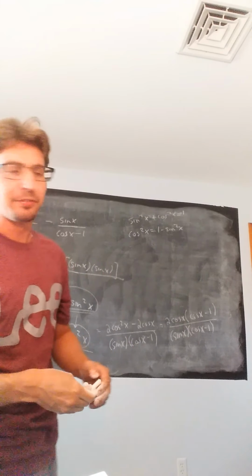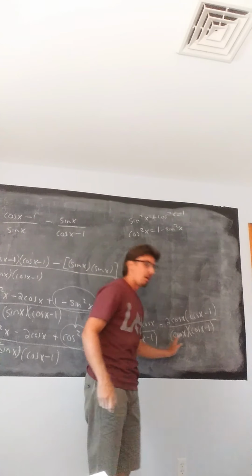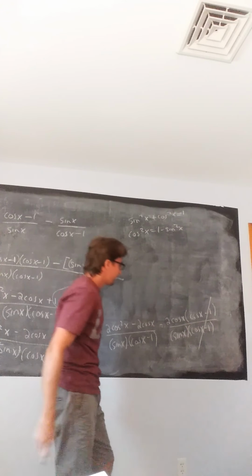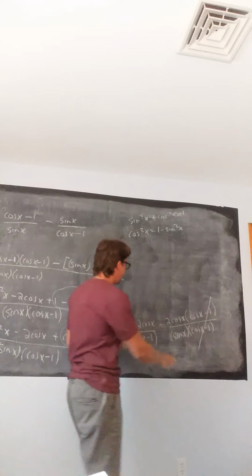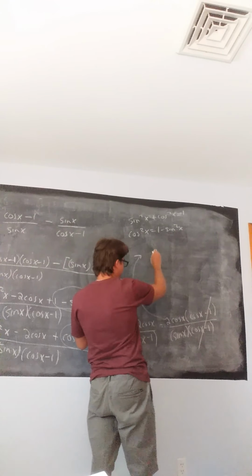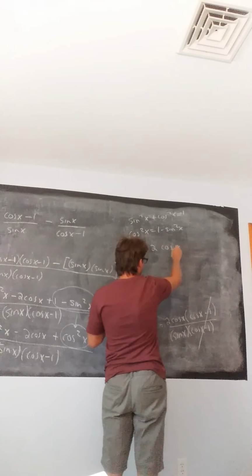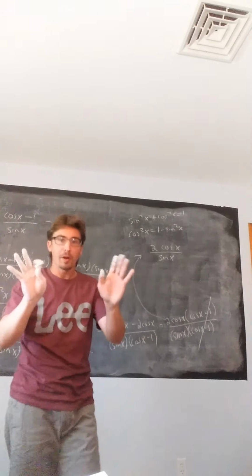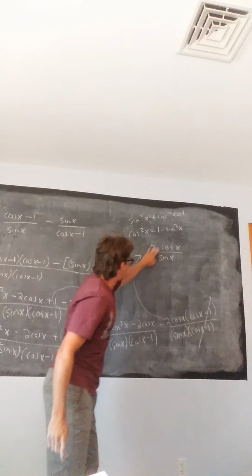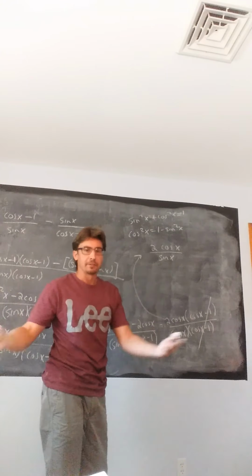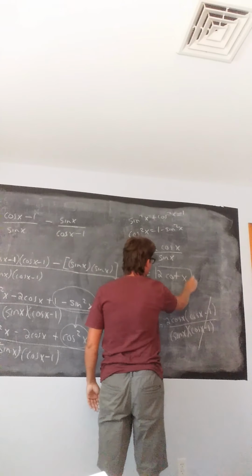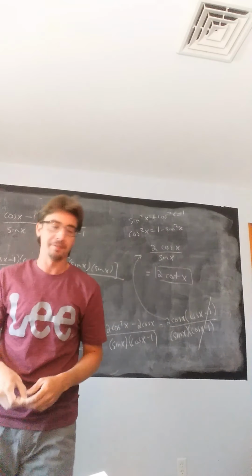And now you all should be salivating because now this is all multiplication on the top, all multiplication on the bottom. So guess what? We could legally chop the cosine x minus 1's out of there. That gives me 2 cosine x over sine x. But wait, there's more. Cosine x over sine x is cotangent. So that means our final answer is 2 times cotangent of x. And you're in like Flint.